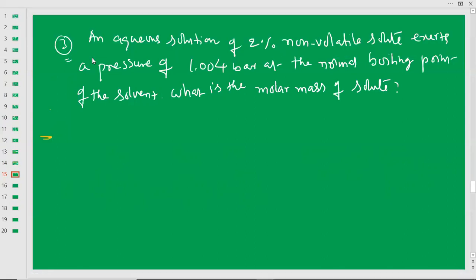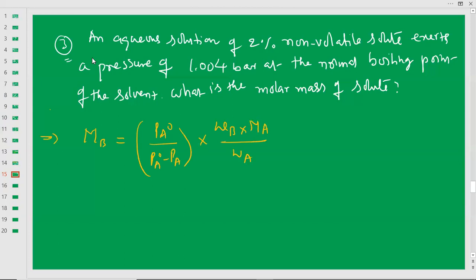Let us see. We have a molar mass of solute formula from Raoult's law. MB is equal to PA naught by PA naught minus PA into WB into MA by WA.